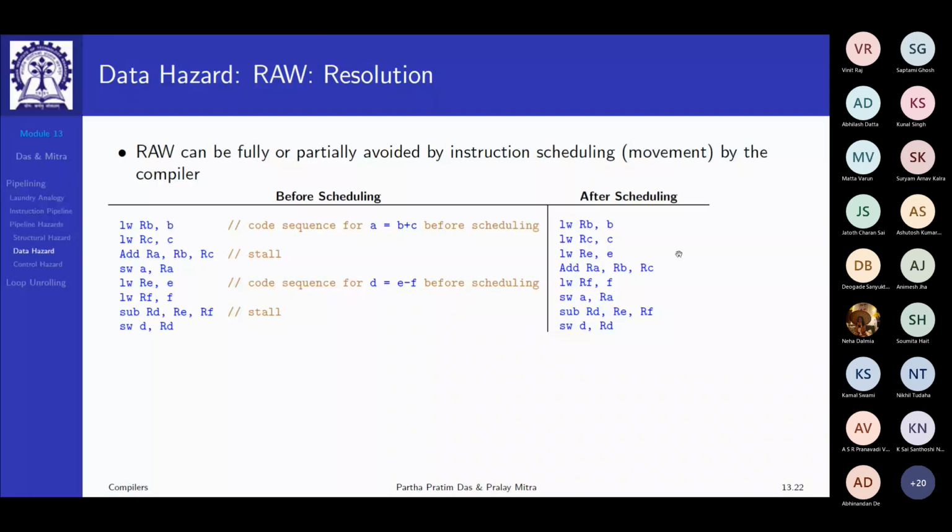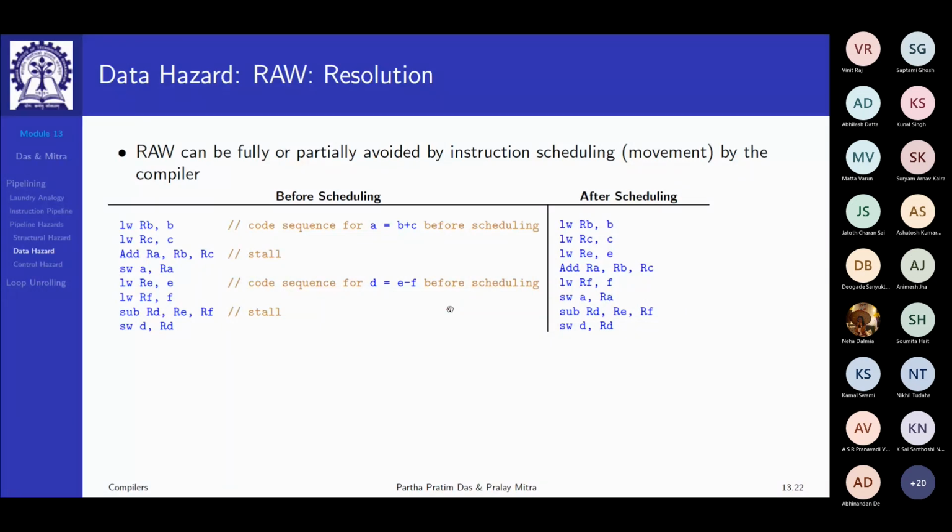If we promote this instruction before add, then instead of having a NOP for the stall, we get the benefit that it will utilize those wasted cycles. And as you promote this to the top, you also promote the loading of F above this store, because they're independent. There's no data dependence.